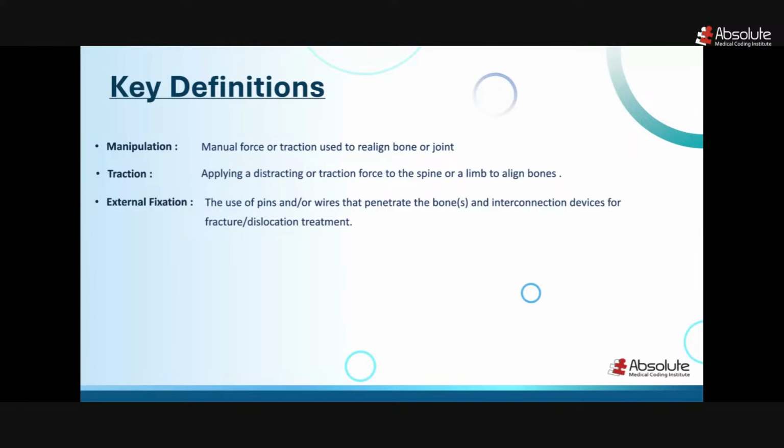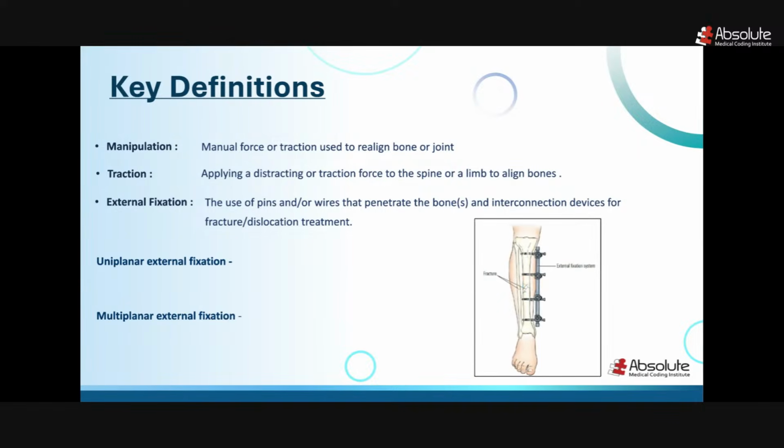Again, there are two types of external fixation device: uniplanar and multiplanar. Uniplanar external fixation devices have pins that are placed roughly in the same plane, sometimes in a triangular configuration used across the joint. So uniplanar external fixation means the pins or all the fixation device are lined up in one plane.